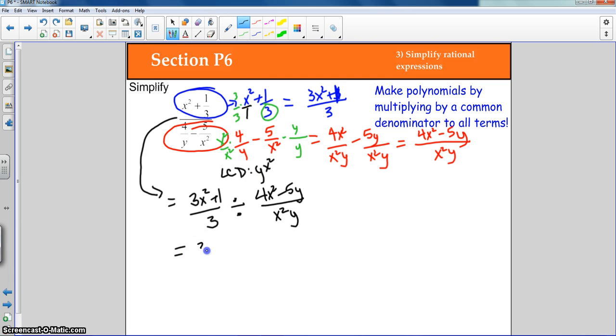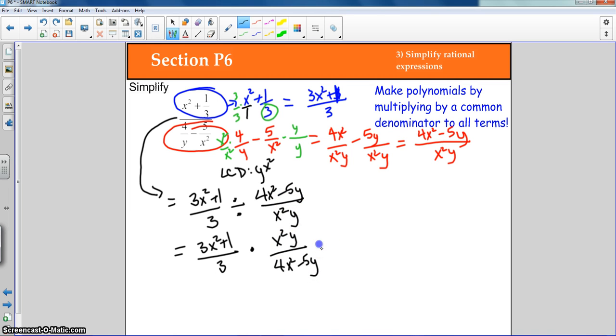So we leave the first one alone, and then we change it to multiplication, or you can use a dot if you want, either one, by multiplication by the reciprocal. Let me undo that just so we don't get confused. And I'm going to use a dot for multiplication. So multiplication by x squared y over 4x squared minus 5y.